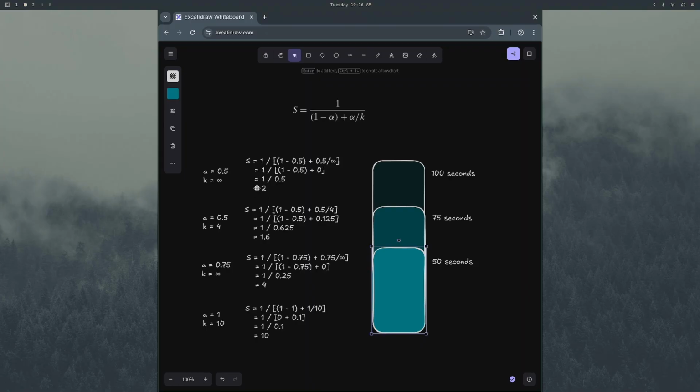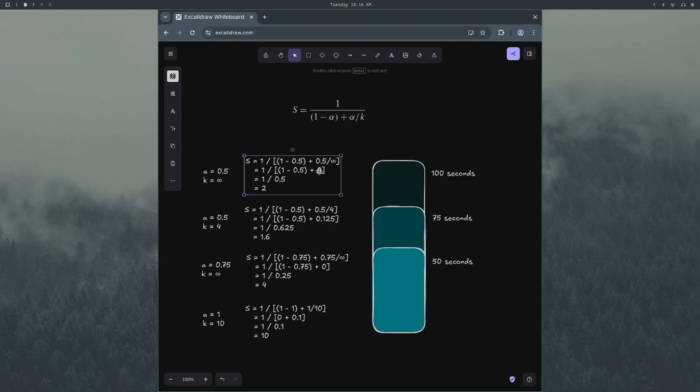So you're bounded by that, and you can only ever get a 2x speedup if you're optimizing just half of the process, which makes sense intuitively, but when they present it in an equation like this, it might seem like, what's going on there? In this worked example, we're optimizing half of the process. K is set to infinity because we say it's completely optimized.